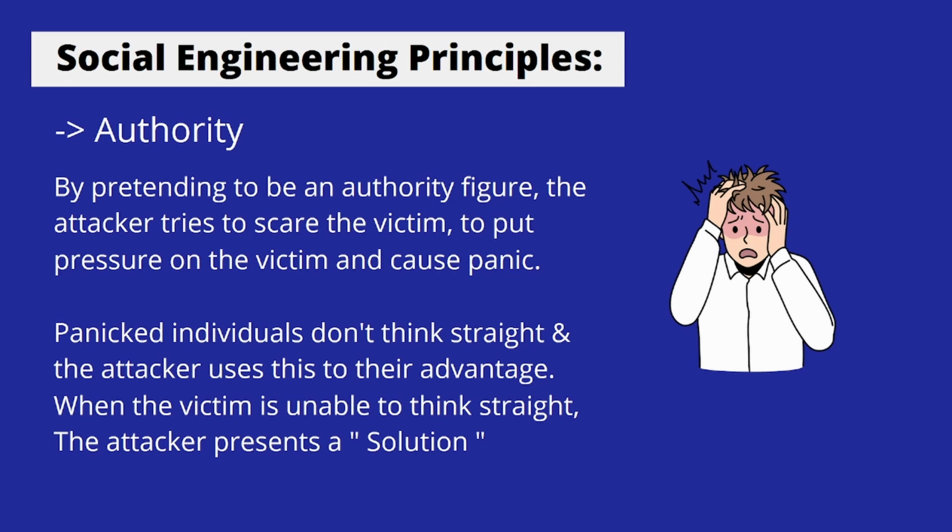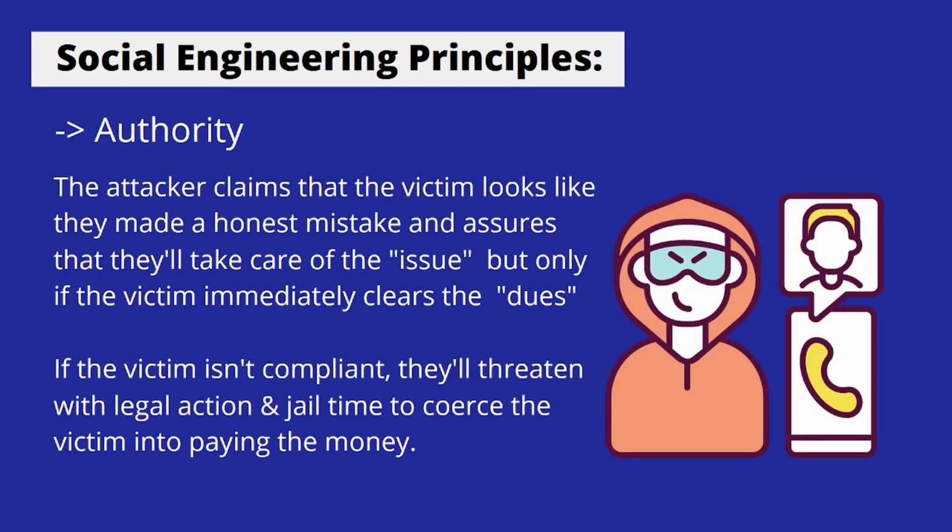Panicked individuals don't think straight, and the attacker uses this to their advantage. When the victim is not able to think clearly, the attacker presents a solution. The attacker claims that the victim looks like they made an honest mistake, and assures that they'll take care of this issue, but on a condition: only if the victim immediately clears these dues.